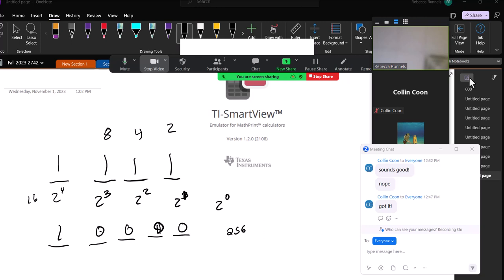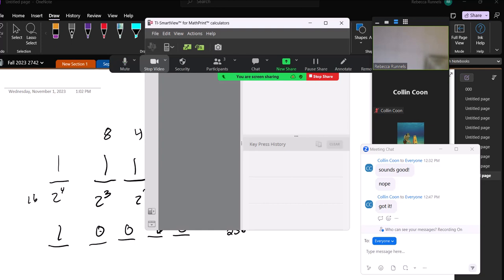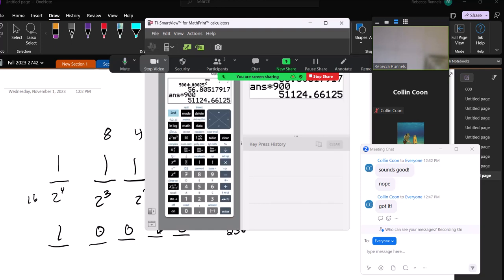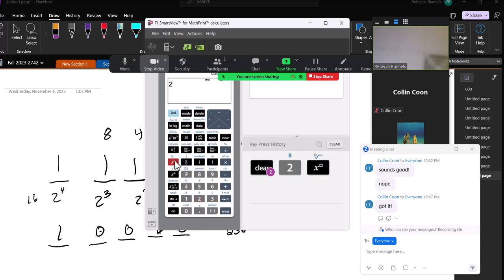So actually, this might be important for you in Verilog, when you have a number, you have to know how many bits it needs to take up. So this is a good look at that. 2 to the 8th is 256.